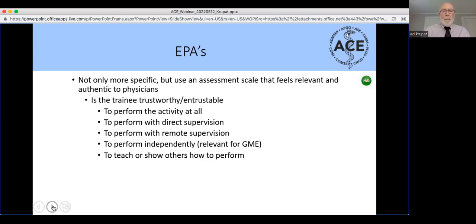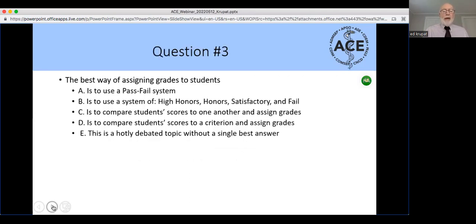But EPAs clearly are valuable, even if I've got some reservations about them. And clearly the coin of the realm. It's what people talk about and think about, and it's what students have come to care about, since it's what we care about. So let's get on to grading.